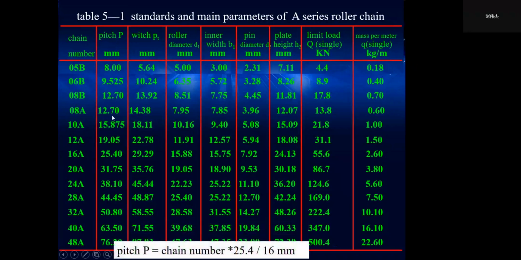The pitch P is equal to chain number times 25.4 and then divided by 16. For example, if the number is 8, the pitch is 8 times 25.4 and divided by 16.